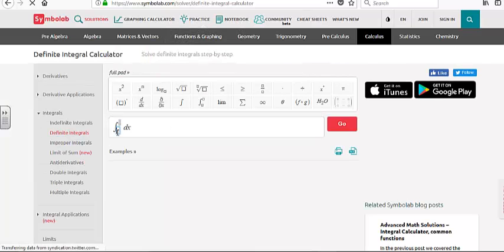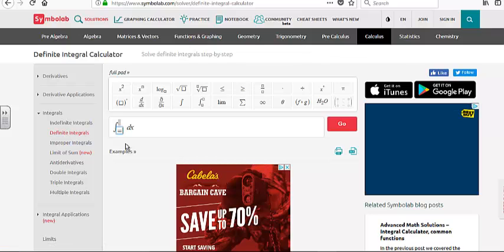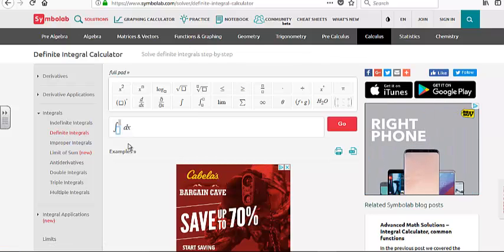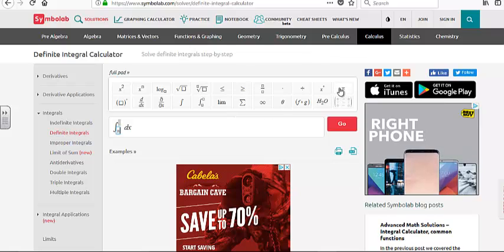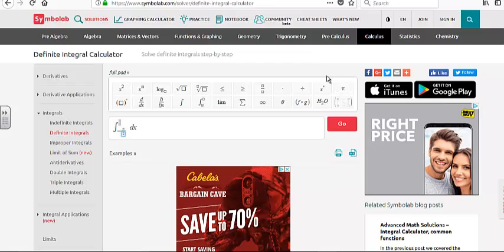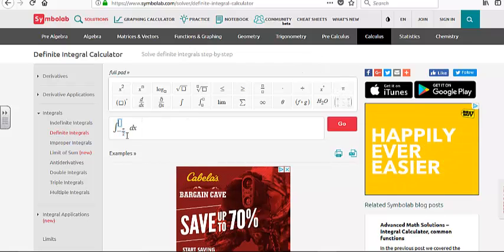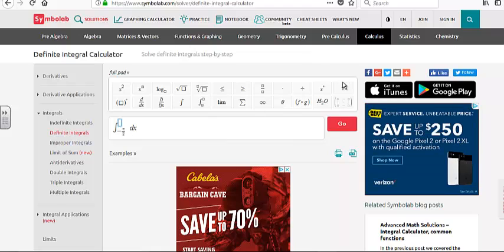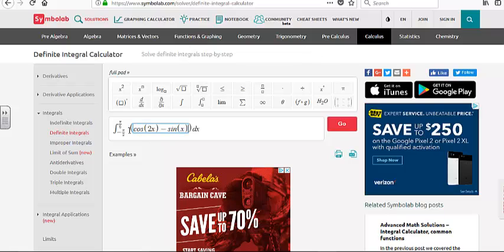Okay, so we're integrating from negative pi, forgot the negative sign, negative pi over 2 to pi divided by 6 of the cosine of 2x minus the sine of x.